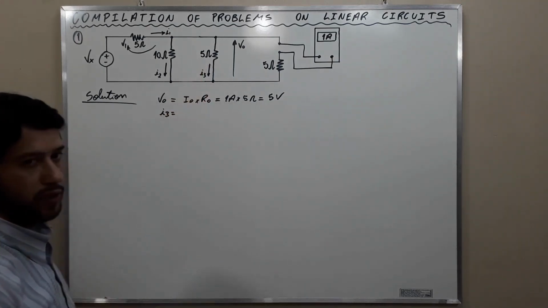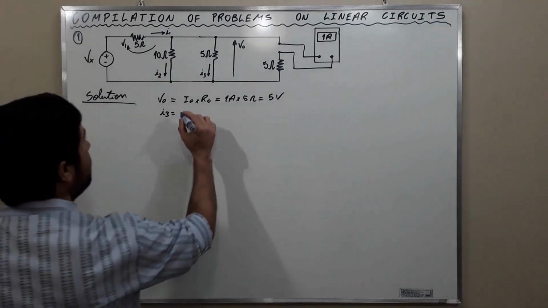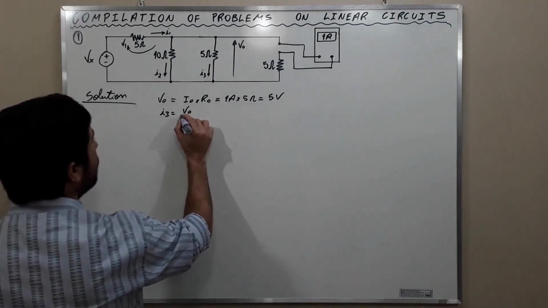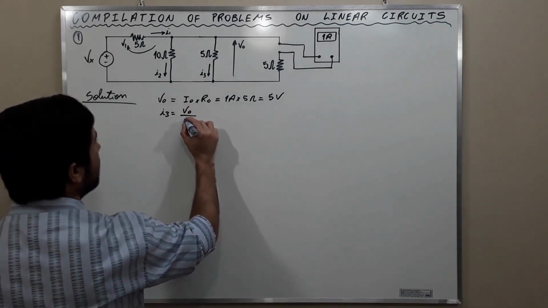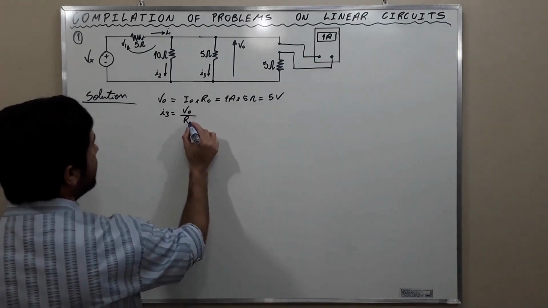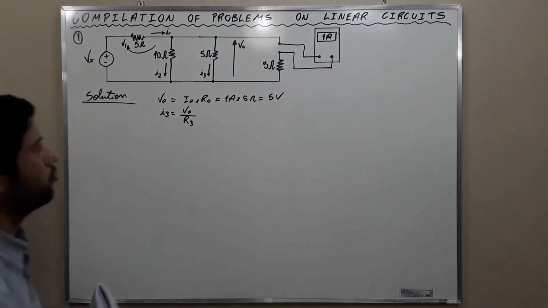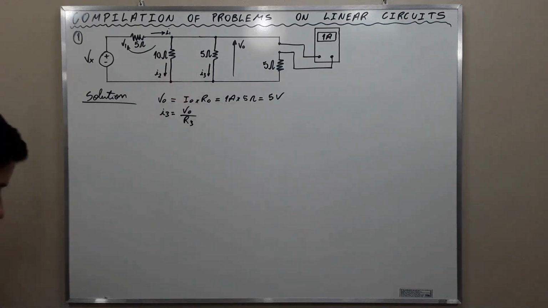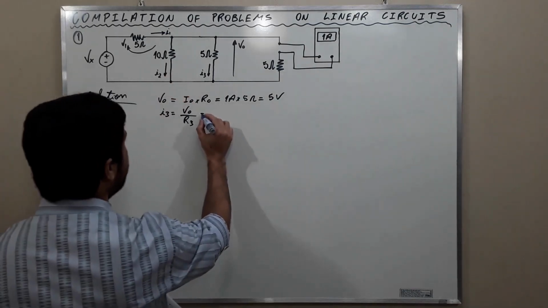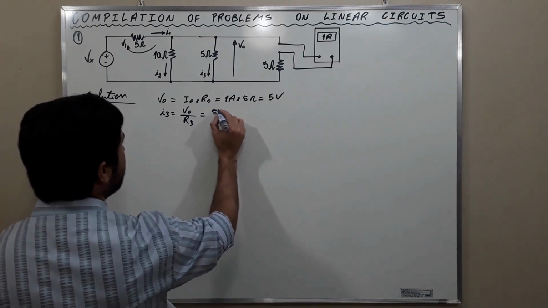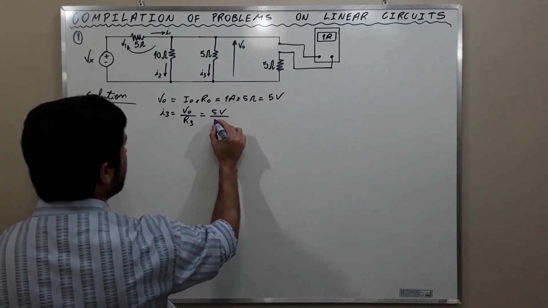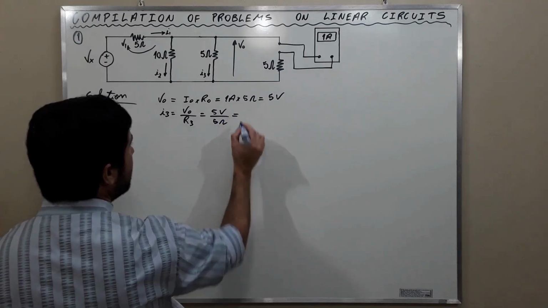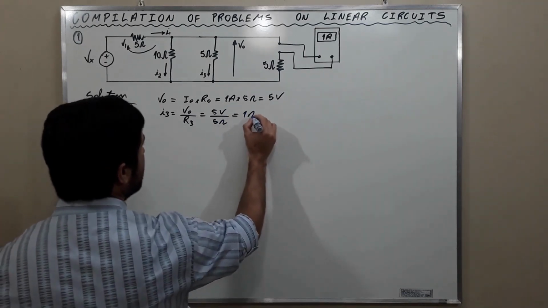Then it's going to be the division between VO and R3. Let's call R3. R3 is 5 ohms. And then we simply divide 5 volts divided by 5 ohms, and this is 1 amp.